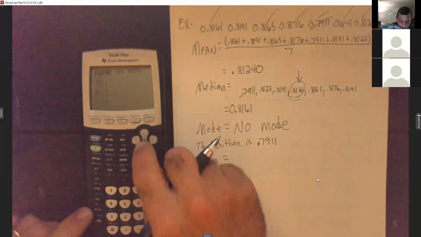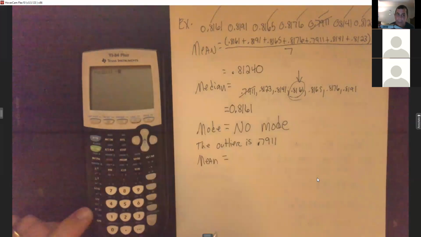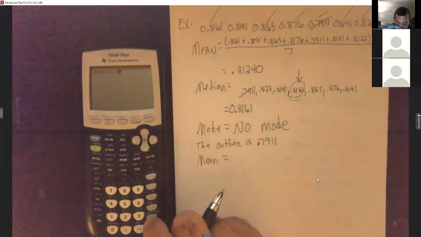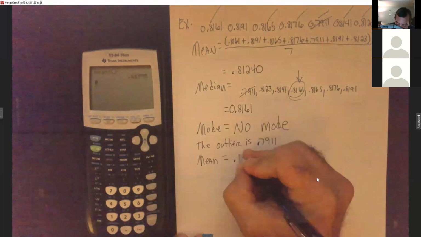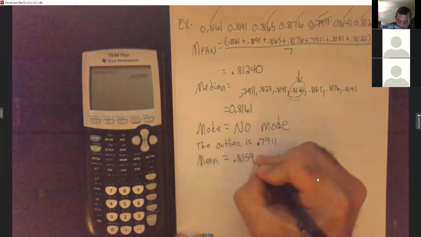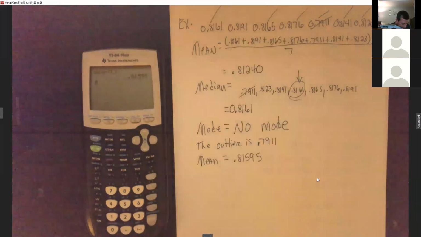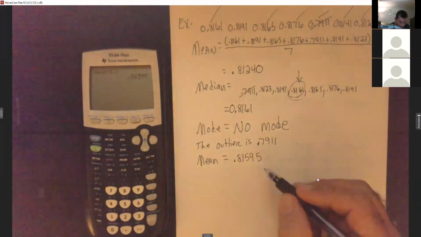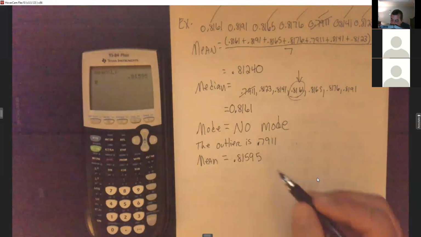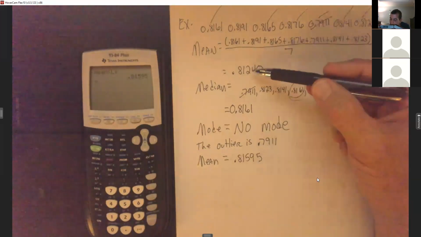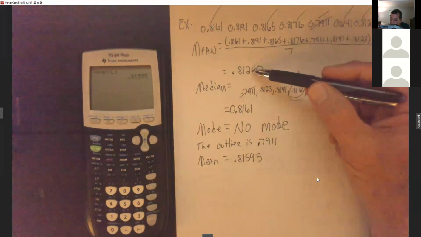L5, enter. So now we're going to find the mean of the data without 0.7911 in it. And the new mean is 0.81595. And that wanted me to go 5 decimal places. So notice, it's a little bit different. It's a little higher. That 0.7911 pulled me down quite a bit.